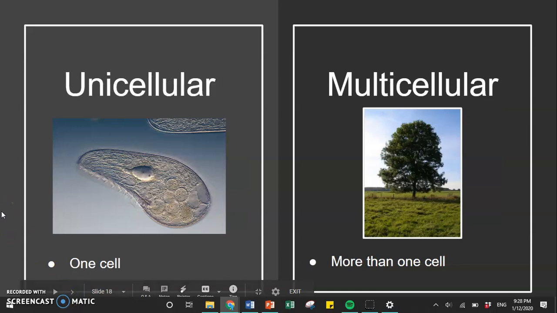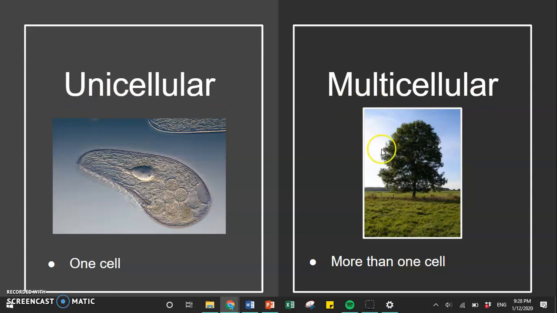So again, that was talking about types of cells, and now we're going to think about kinds of organisms that are made up of different numbers of cells. First we have unicellular organisms. So this is a protozoa, and uni means one, so like a unicycle has one wheel, a bicycle has two wheels, and unicellular is one cell. And then multicellular, multi means many, so it is more than one cell.